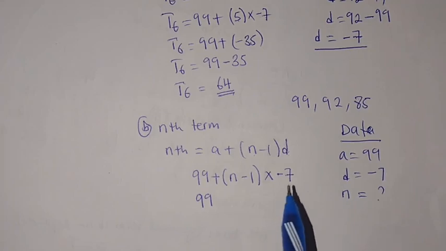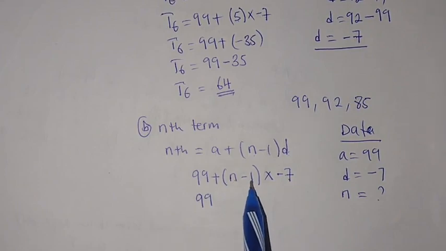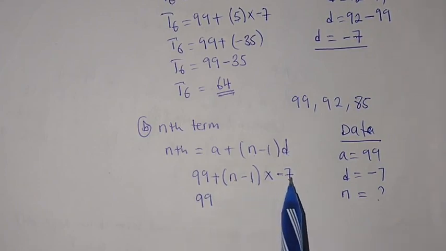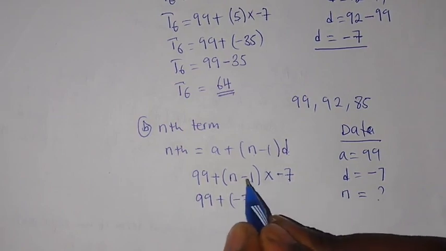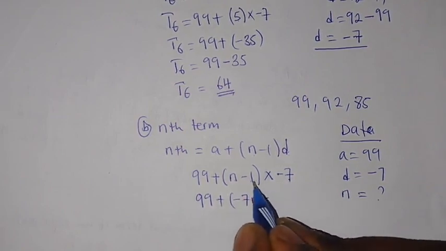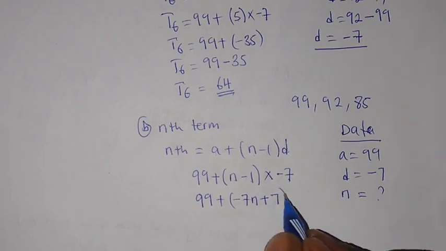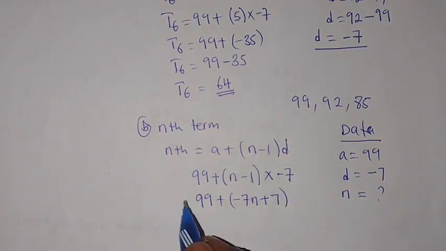So what you do is multiply negative 7 times n, and again times negative 1. Negative 7 times n gives us negative 7n. Negative times negative gives positive, so 7 times 1 gives 7, like this. Then from here, you say 99.